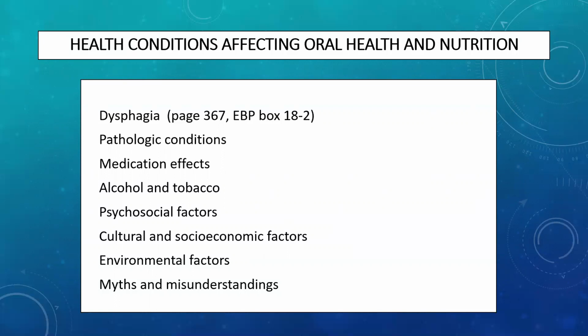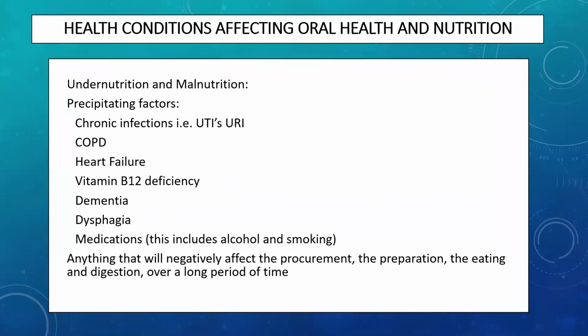Someone who has COPD is likely breathing through their mouth or has oxygen on, and it's hard to negotiate that whole process of getting the food into your mouth, chewing it, and breathing at the same time. It's a process. Medication effects, alcohol and tobacco: how are they affecting intake? What are those psychosocial factors? Those, again, cultural, socioeconomic, and environmental factors, a little bit of a repeat on here.